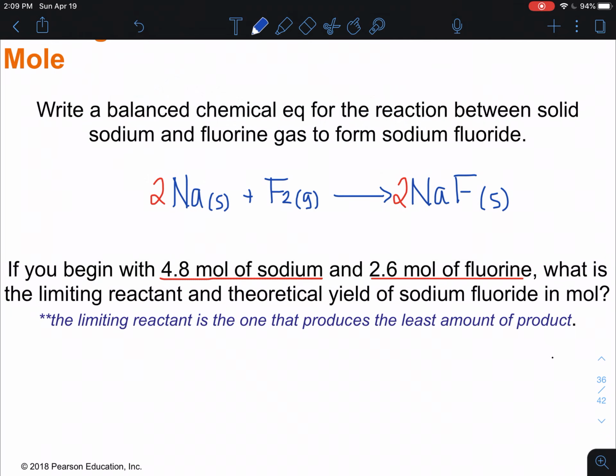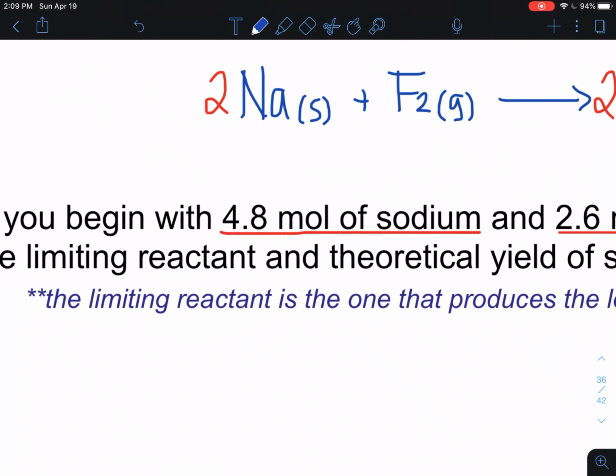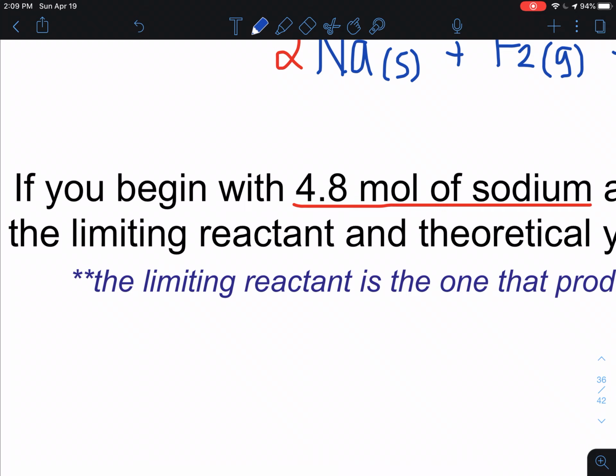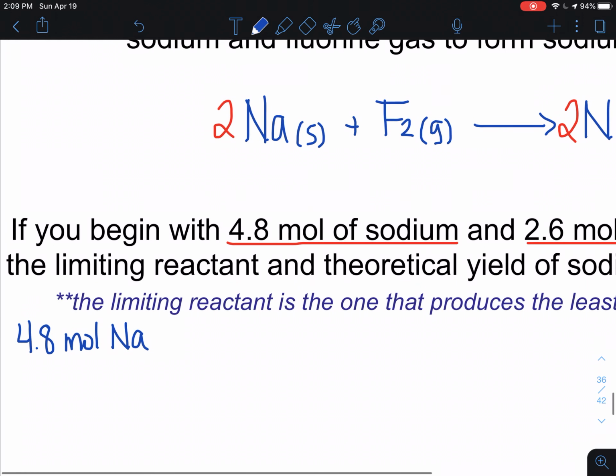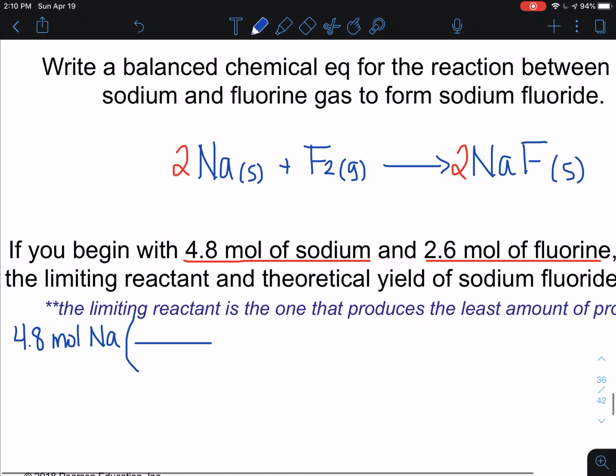So we're going to go back and convert 4.8 moles of sodium to product. According to our balanced chemical reaction, for every 2 moles of sodium, so it's still a 1-to-1, we're going to get out 2 moles of sodium fluoride.